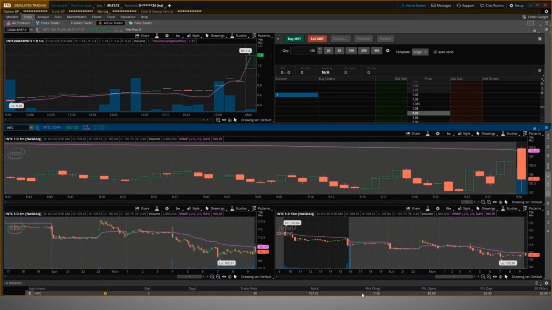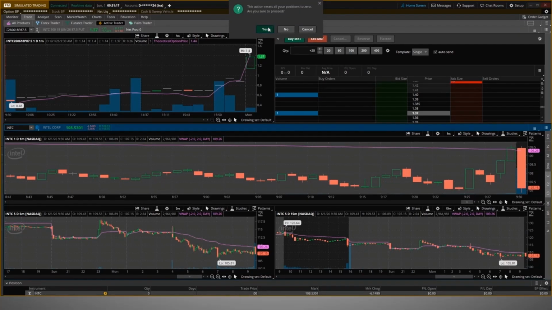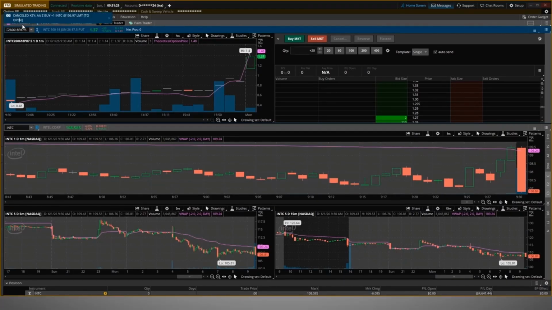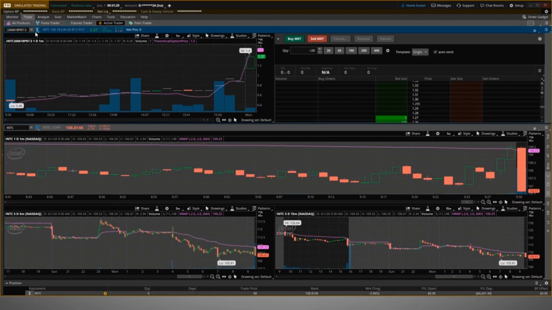Instead of the hotkeys working on stock options, basically instead of it executing contracts, it executed stocks.